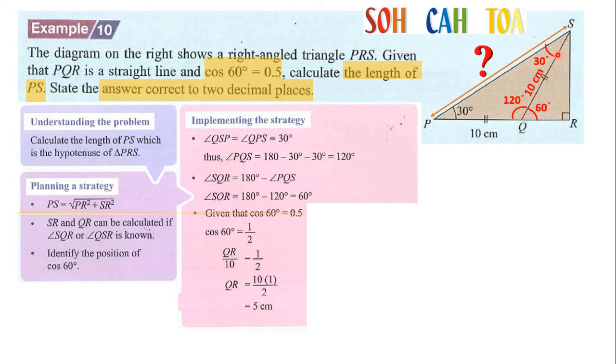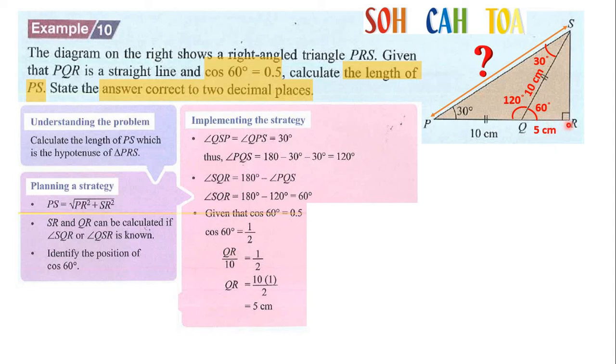The hypotenuse is 10, so it is QR over 10. How do you know this one is 10 centimeter? Because this one is an isosceles triangle, so these sides have the same length. So this one is 10 centimeter, this one also 10 centimeter. So QR over hypotenuse equals 1 over 2. Then you can find the length of QR. The length of QR is 5 centimeter.